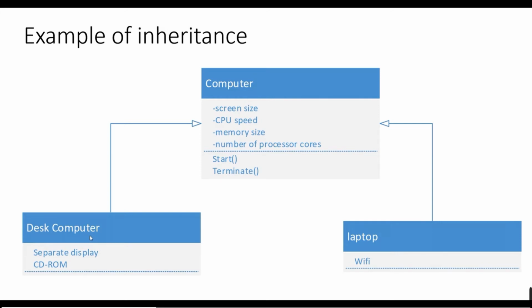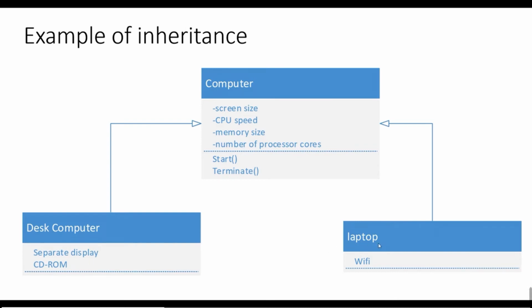The desk computer is a subclass of the computer. It means that the desk computer shares all of the attributes in the superclass, and the desk computer has some of its own attributes. For example, separate display and some CD-ROM.